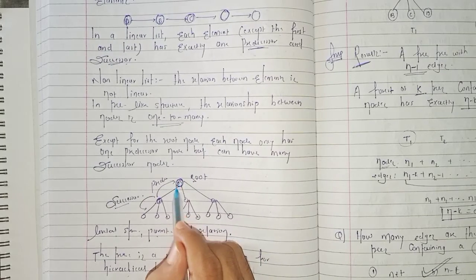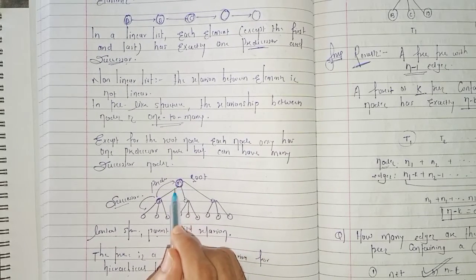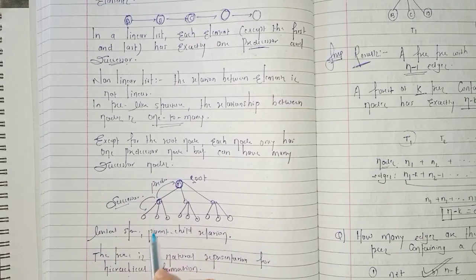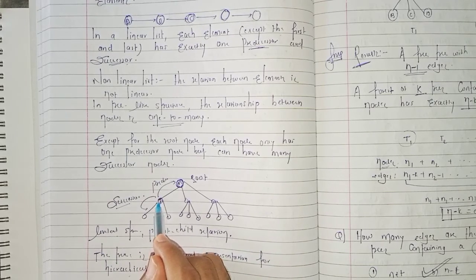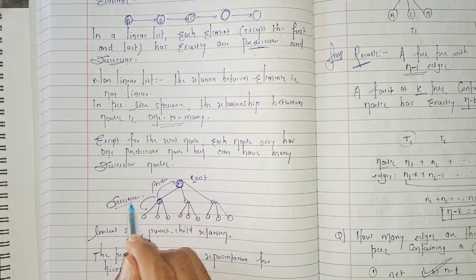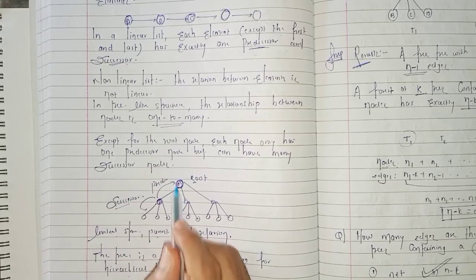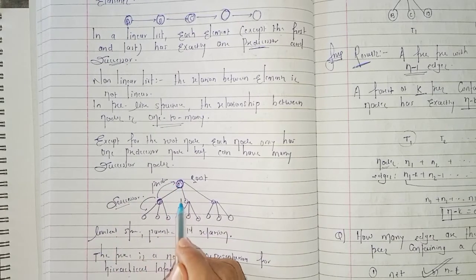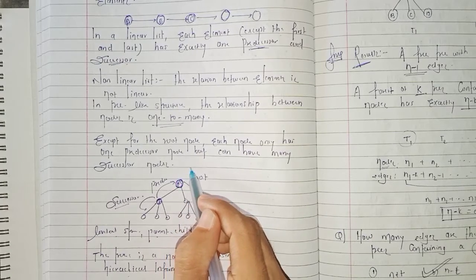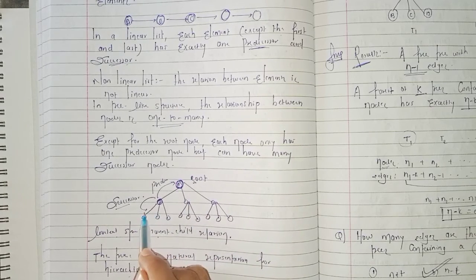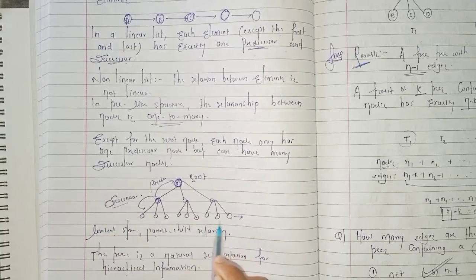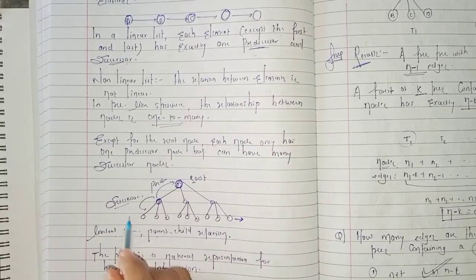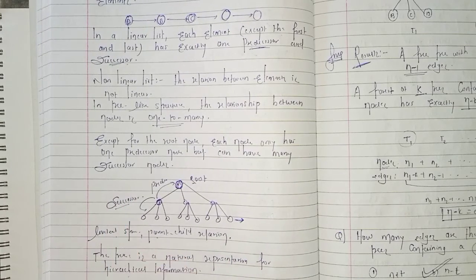That means from one parent multiple nodes are drawn, and each node has a predecessor and a successor, except the first root node, which does not have any predecessor, and the child nodes or the leaf nodes. These are the leaf nodes, which do not have any successor.